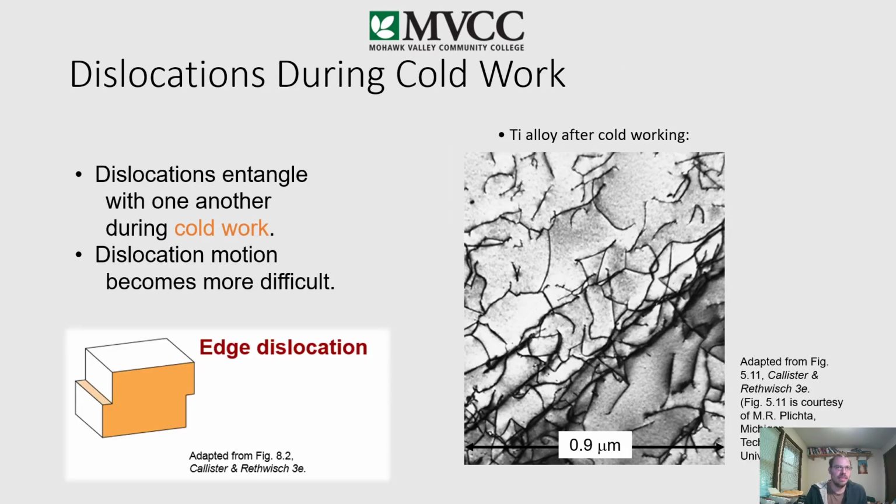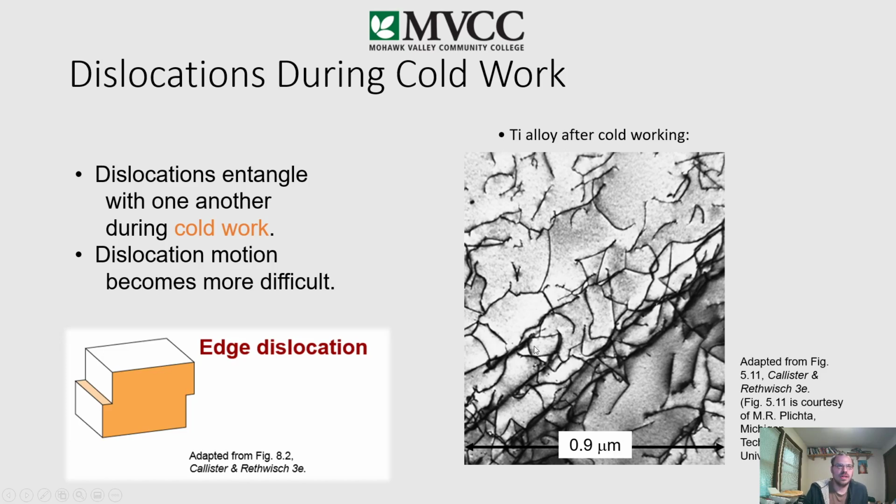I like this picture. I believe it's in the new book, which I still have to make a video about. We have this picture here of a titanium alloy after cold working. They talk about it a little bit in the book, but you can think of these as the dislocations. What you're seeing is these get entangled, right?